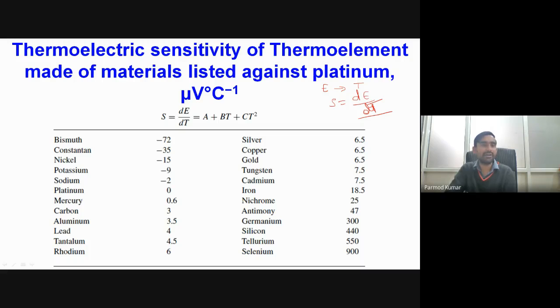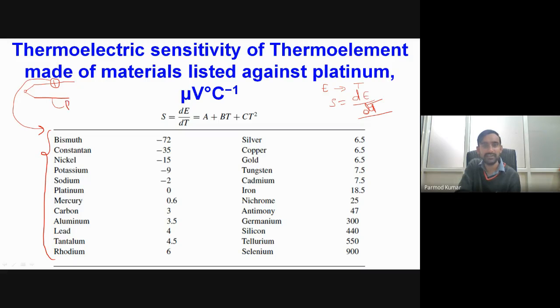What I have done over here is give the thermoelectric sensitivity of thermo elements made up of different materials, and all the materials listed here are used against platinum. As I have already told you, we will be having two different wires. The first material is what I have listed here, and the second material is fixed for all the cases, because we want to show the sensitivity value against some fixed material.